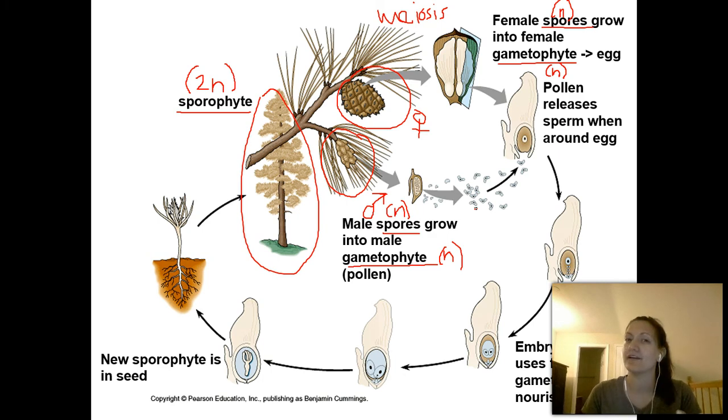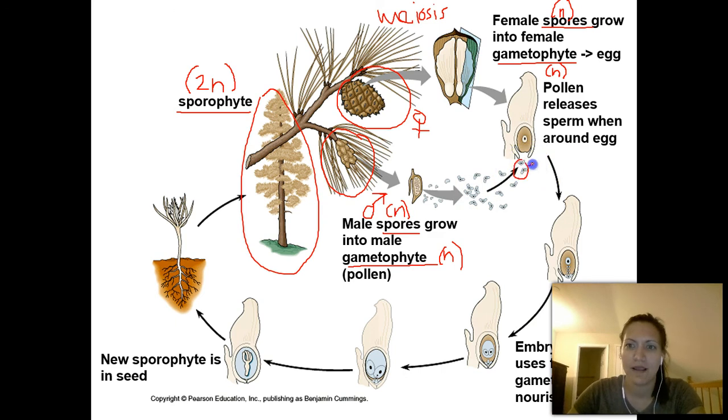So very different from ferns and mosses, and this is why seeded plants have a leg up: they don't need that water. They are able to disperse their gametophytes over wide distances and pollinate another plant. So this male gametophyte is released into the air, and eventually it finds its way to a female cone. And that's what's showing here.